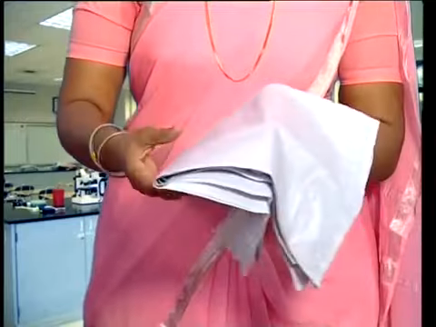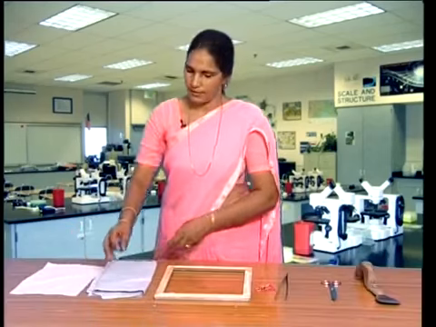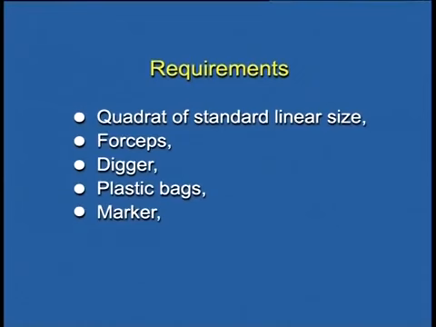When we dig out the plant species, we have to perform our experiment 2 or 3 times. So, after one quadrant we keep the plant species in the first polythene bag and mark it, and then during the second experiment, we keep these plant species in the second polythene bag. Then marker and rubber bands.